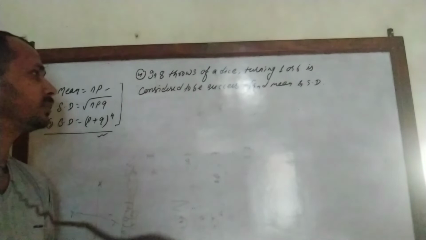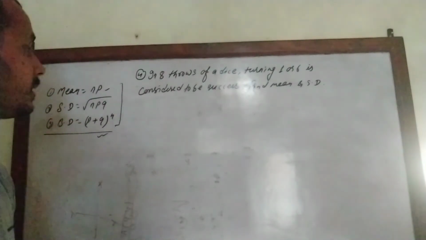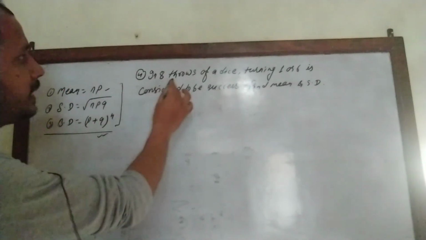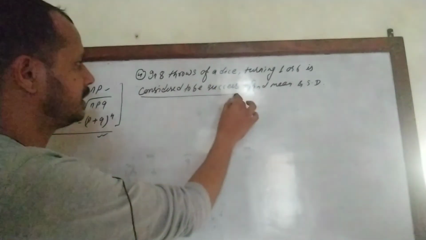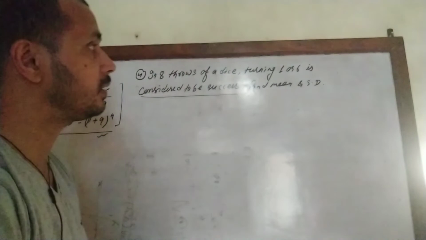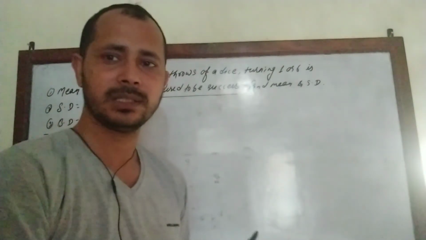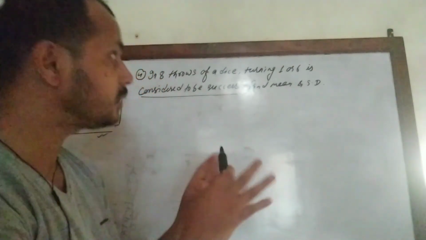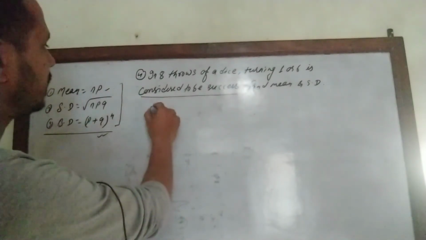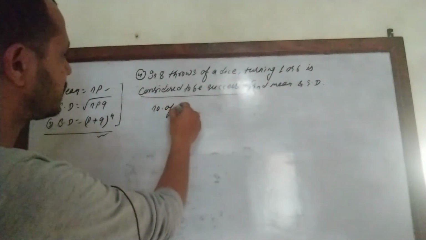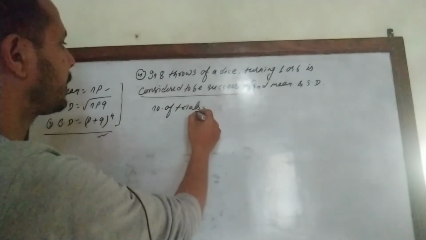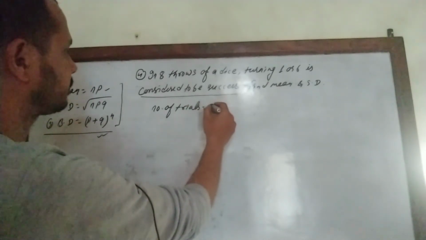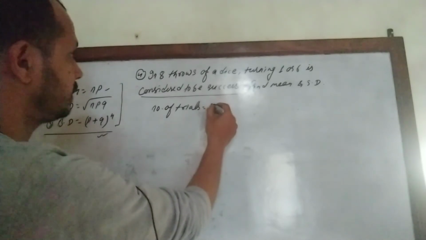Let's look at the next question, question number 4. In 8 throws of a dice, getting 1 or 6 is considered a success. It is already mentioned in the question that if 1 or 6 comes, we say this is a success. So the number of trials is 8.